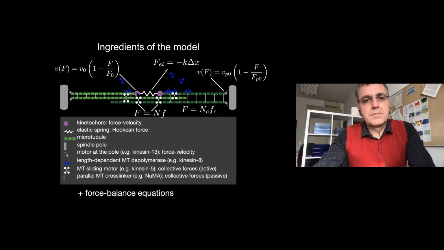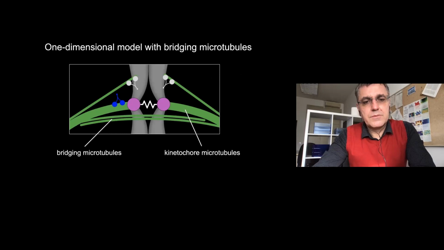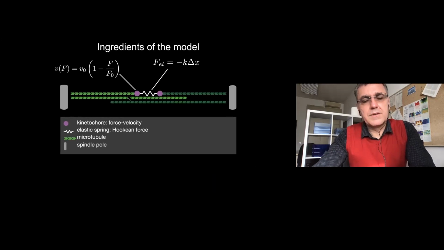So what I'm using here is a description of what happens at the microtubule plus end. I will just go back to make clear this slide. What I'm saying here for this link between microtubule and kinetochore is that the velocity of polymerization depends on the force.